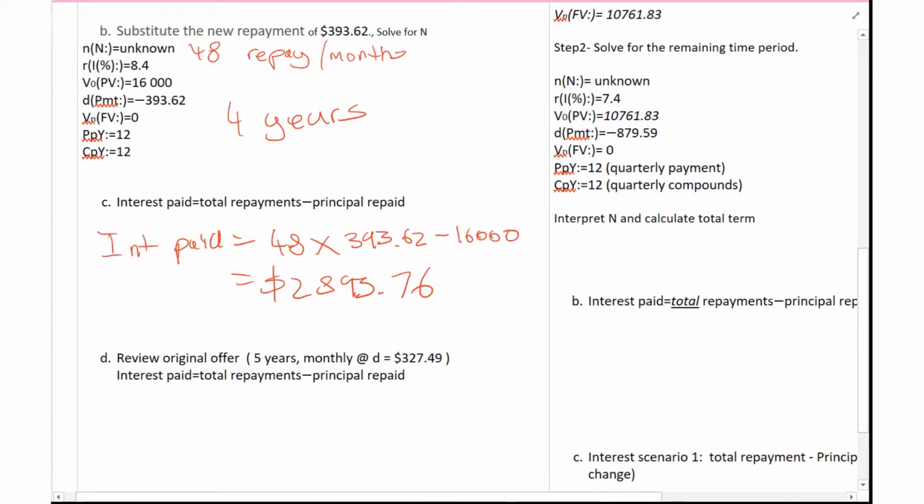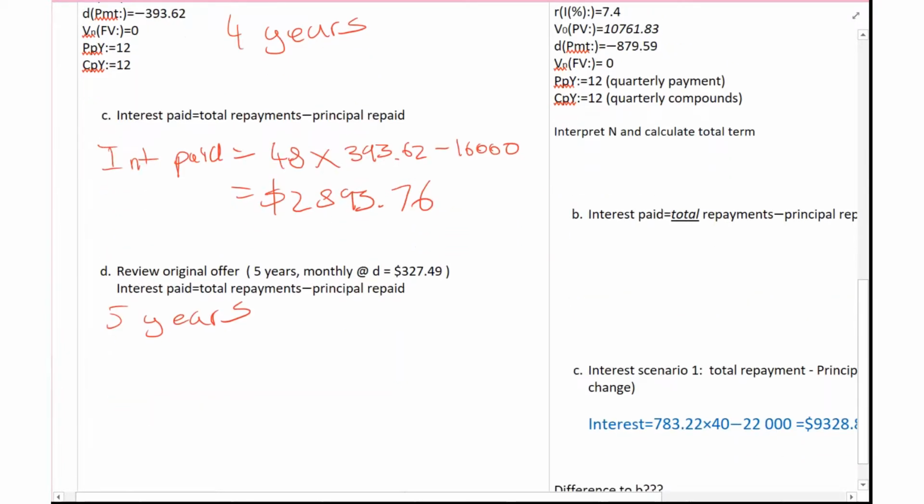If I did it for 5 years, the interest, same basically formulas up above, is going to be 60 times 327.49 minus 16,000.